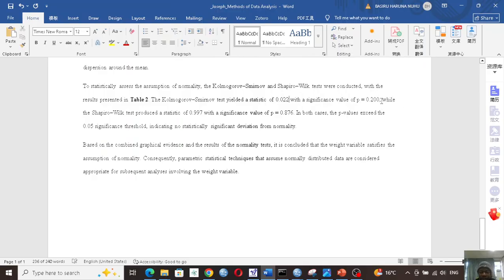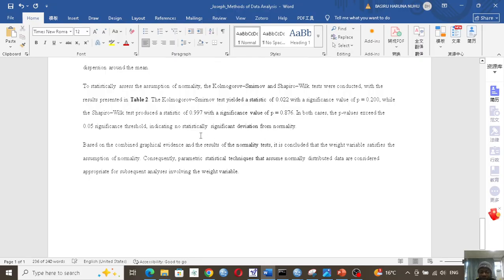I was referring to the significance, with significant value of 0.200, while the Shapiro-Wilk also has a statistic of this, with statistical value of this. In both cases, the p-value exceeded the 0.05 threshold, indicating no statistically significant deviation from normality, which means that the data set is normally distributed.